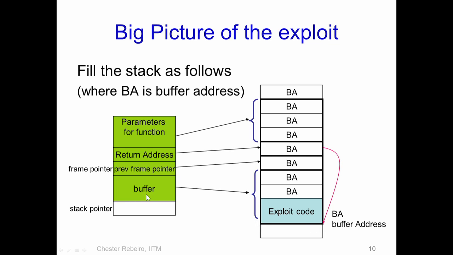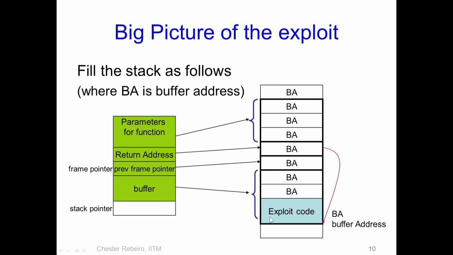In the buffer the attacker will do two things. First, he will put the exploit code, that is the code which the attacker wants to execute, in the lowermost region of the buffer, and then begin to overflow the buffer. Essentially what he is going to put is this address location BA. Now, BA here is the address of this exploit code.